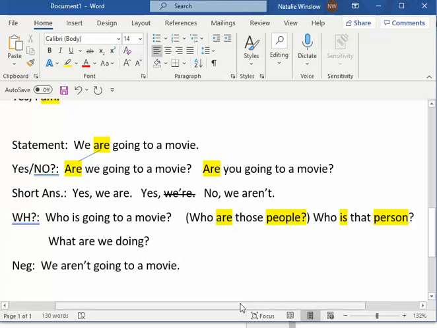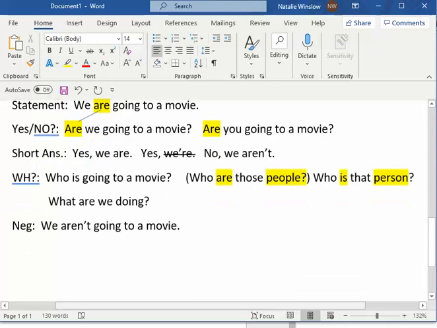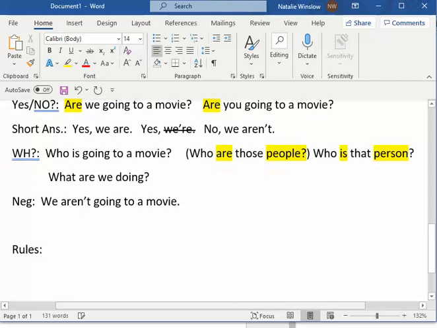All right, now we have to talk about the rules, because every tense has rules for when we use it. So what are the rules? Let me underline this.